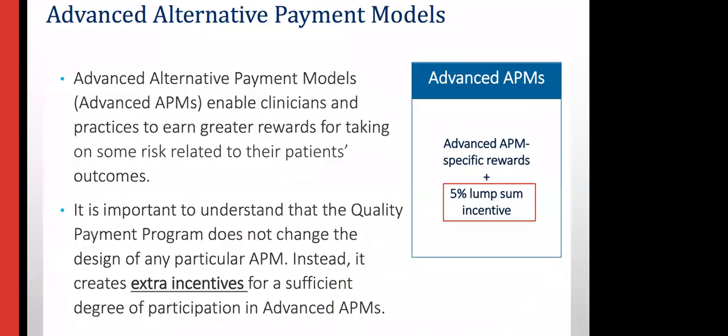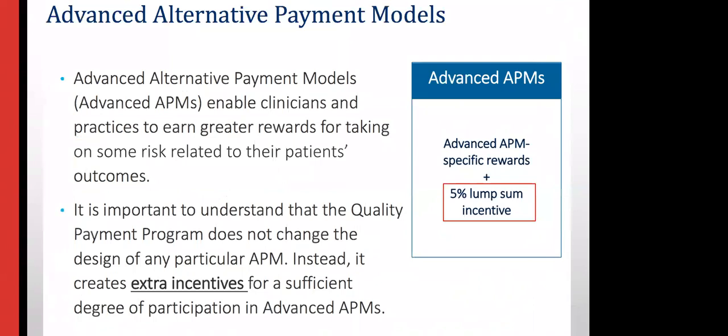Next slide. So advanced alternative payment models, next slide. So you get better rewards, and we'll see the taxonomy here pretty soon. Advanced alternative payment models have specific rewards that are built into the model itself, and or ones that you design and build into it.